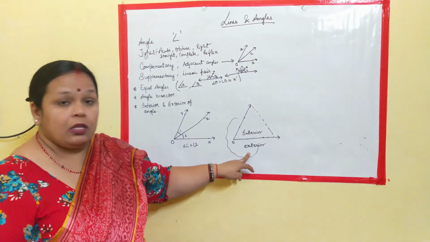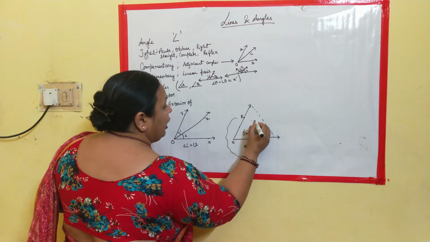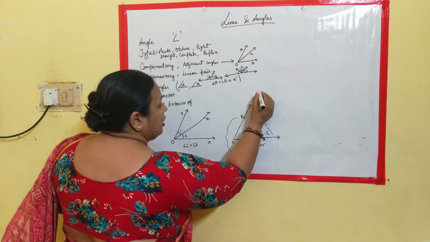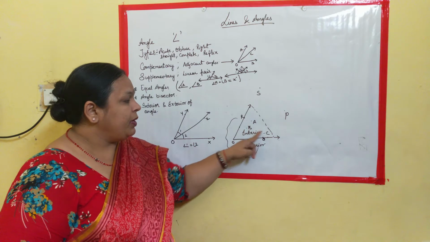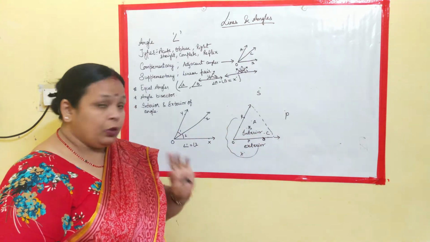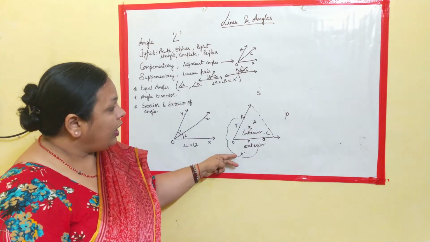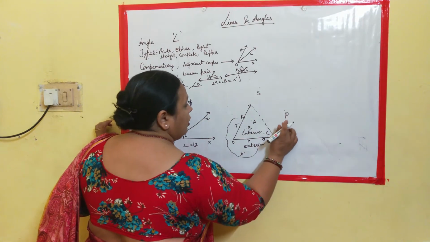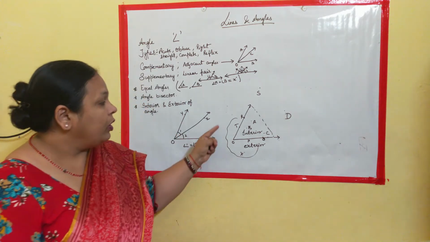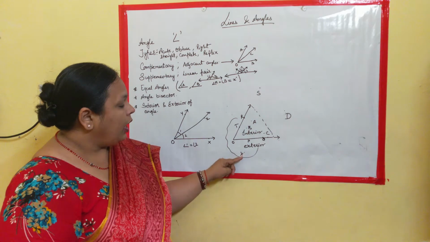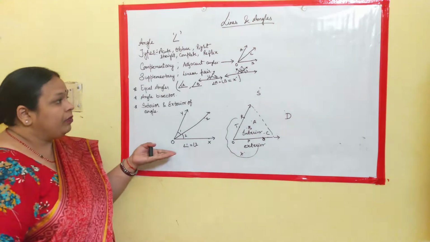With this given figure, we can say that A, B, C are in the interior of the angle, T and P are on the angle, and X, S and D are the exterior points. Now, we have revised our concepts.